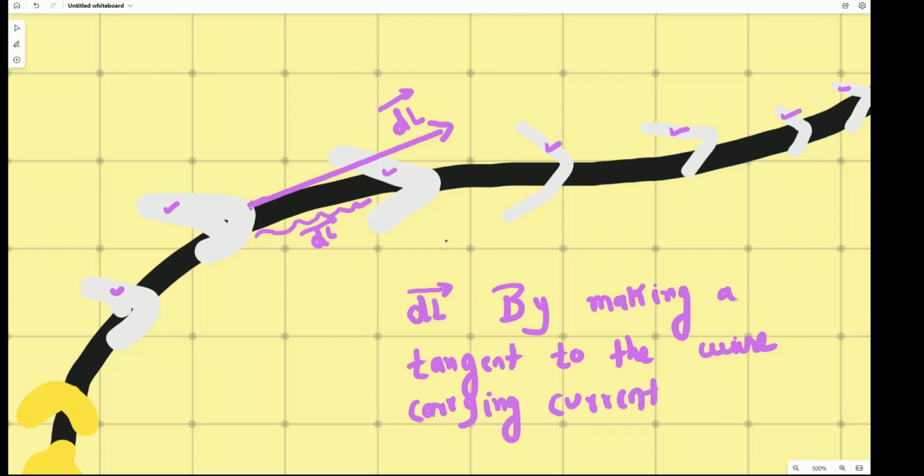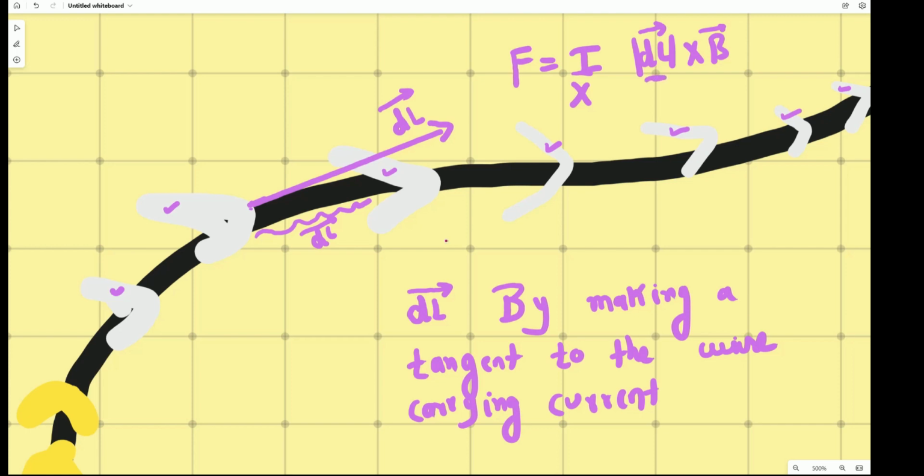So if you're writing F is equal to I, and you're writing DL cross B, then how do you find the direction of vector DL? Draw the tangent. I has no direction, mind you. You don't have to take direction of I. Always take the direction of L, right?